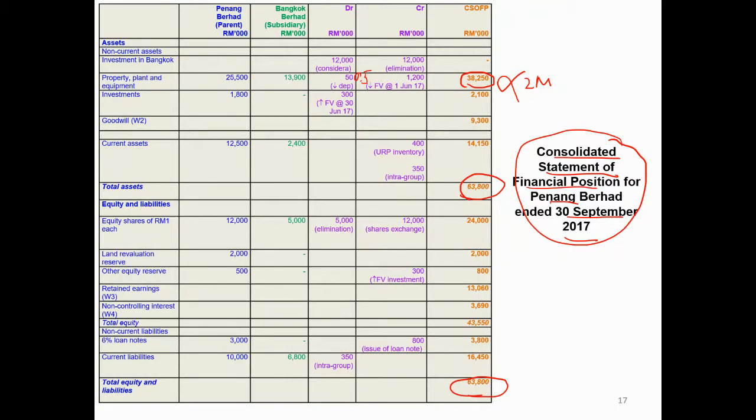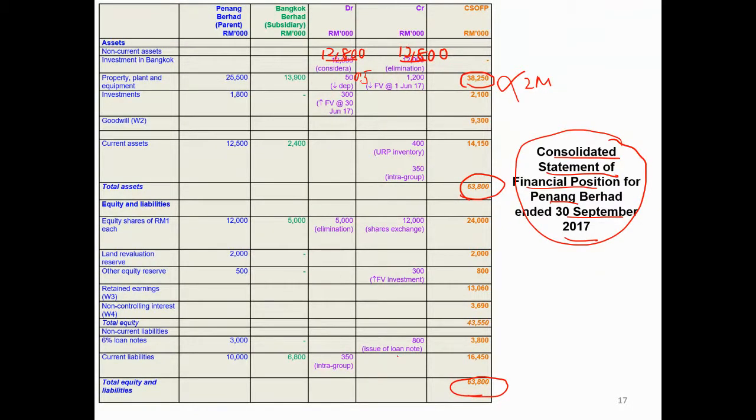Mayan said, Miss, for the current slide that you are showing, is the investment in Bangkok correct? Good catch, Mayan. I forgot to mention that the investment in Bangkok is supposed to be 12.8 million, because you are supposed to eliminate the whole amount.